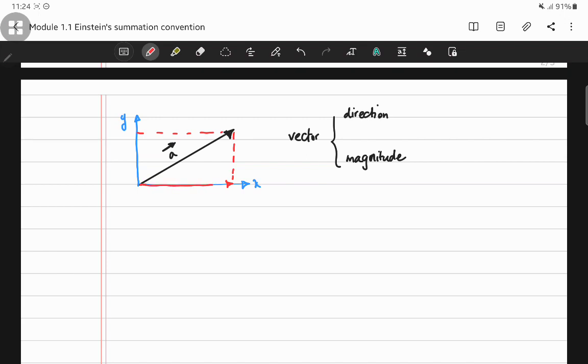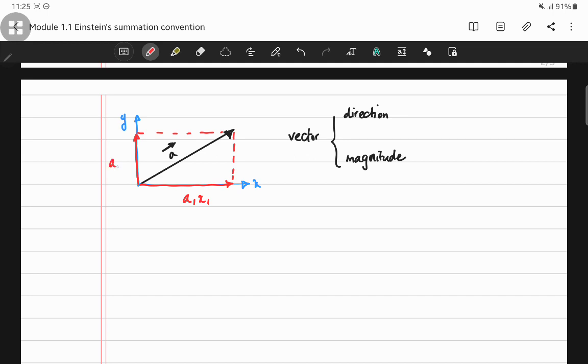The one that is in, let's say, A1, we call it x1, for example. Somehow it is not correct, but let's write it this way.